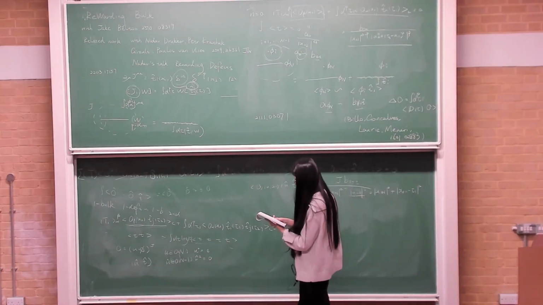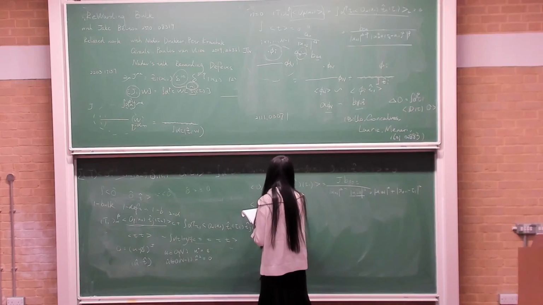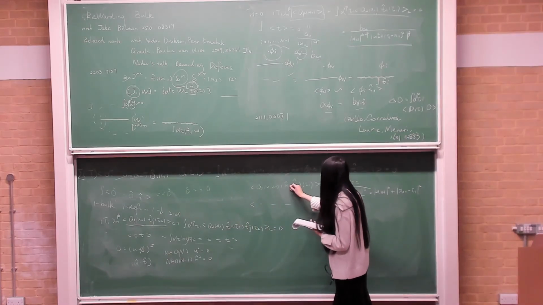And the 3-point function is given by, here I say this is U1.